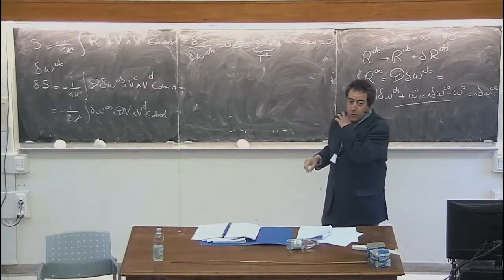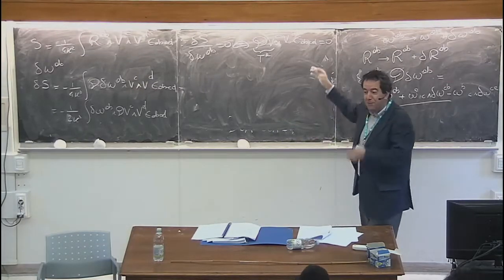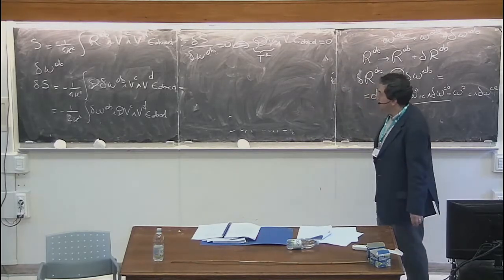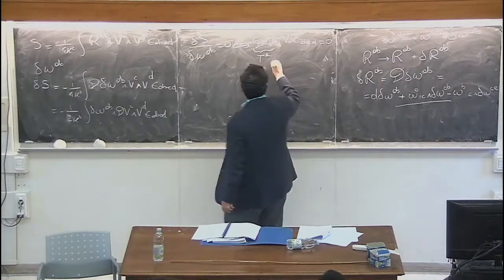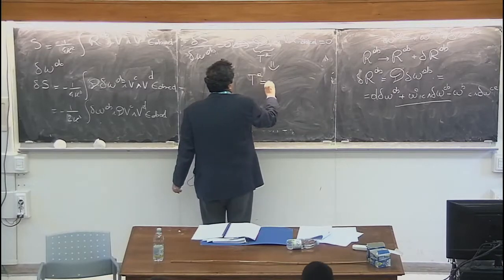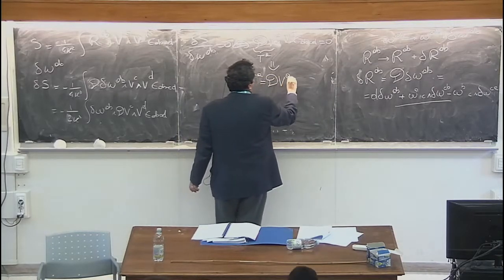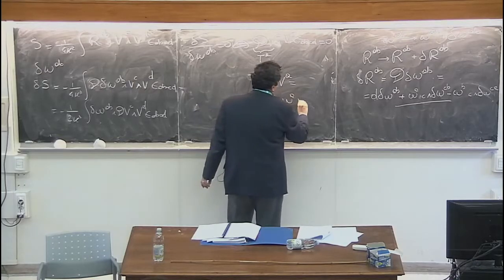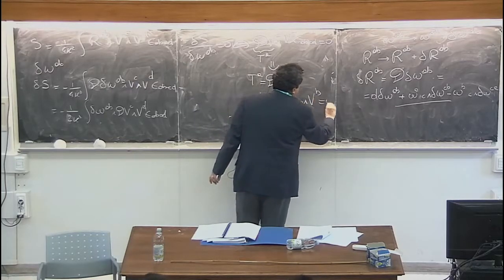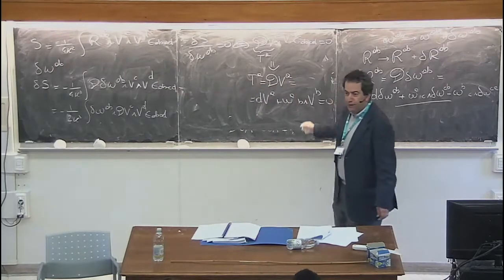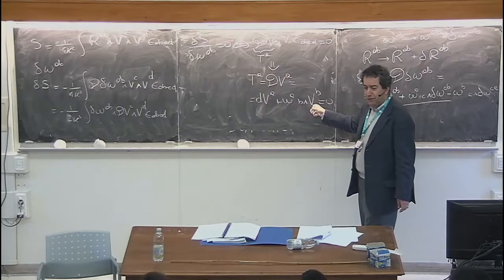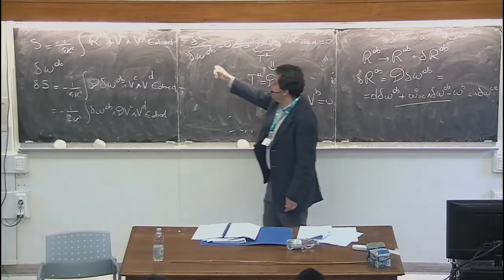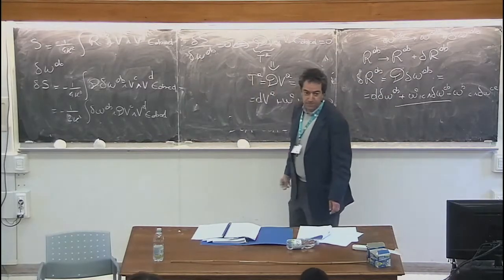The torsion, not the super torsion, because we haven't coupled gravity to the gravitino yet. That's the torsion. So this implies TA equals 0. This equation is a torsion equation, and we have derived it in the first order formalism as the field equation with respect to omega AB.